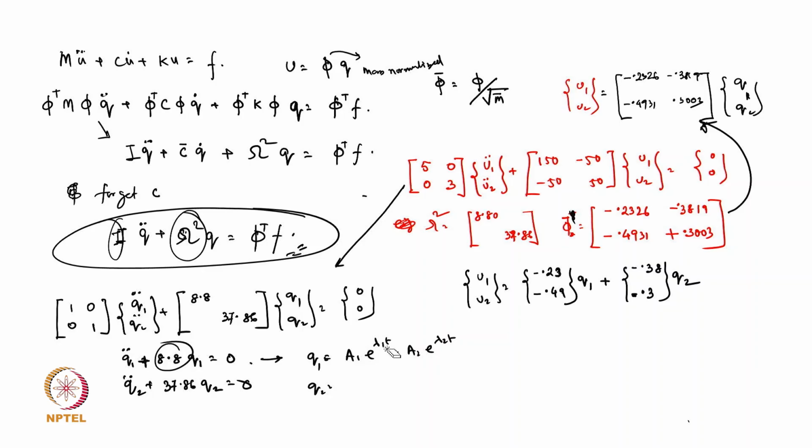Plus minus i. So let's write it properly. What will be square root of 8.8? Please. 2.96. So i into 2.96 t plus a2 e to the power of minus i 2.96 t.